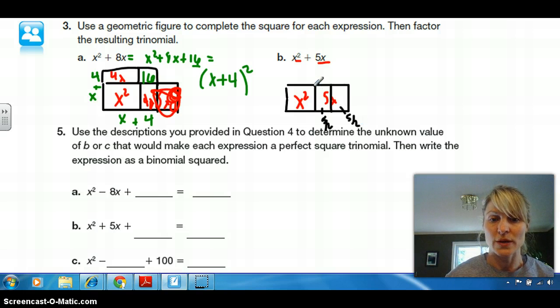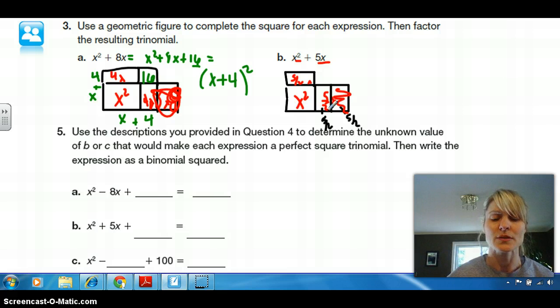So again, we want to finish and change this into a square now. I'm going to take this piece and put it up here. When you divide 5 in half, you get 5 halves x. And we're going to ignore this piece here because I put it here. And this again is still 5 halves x.